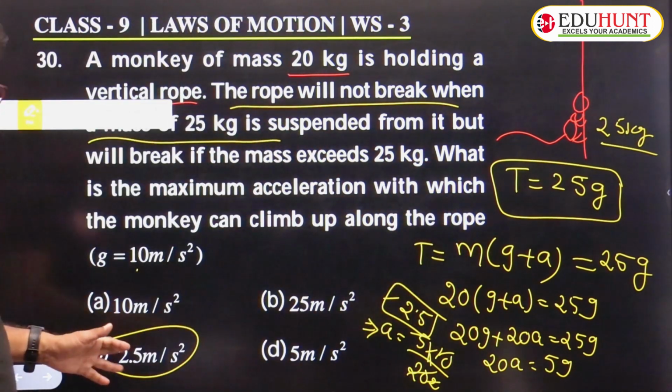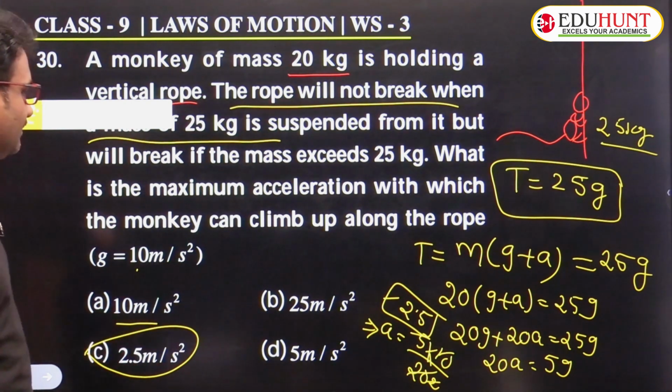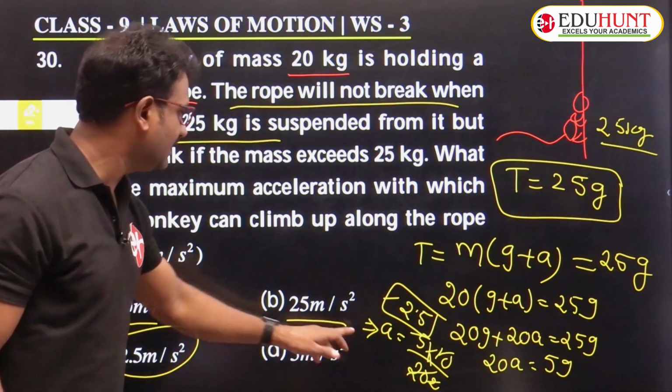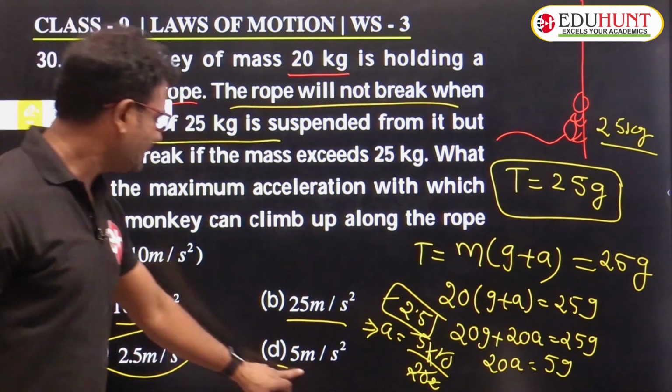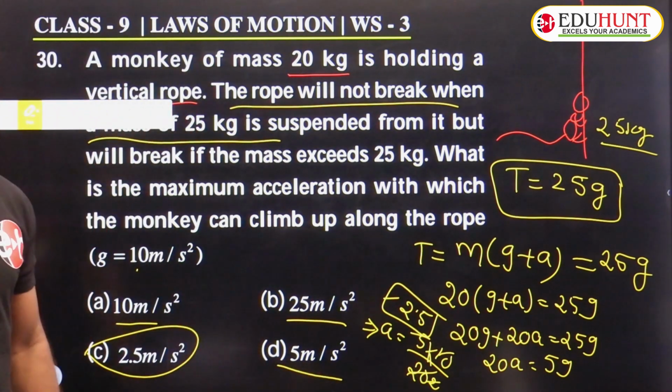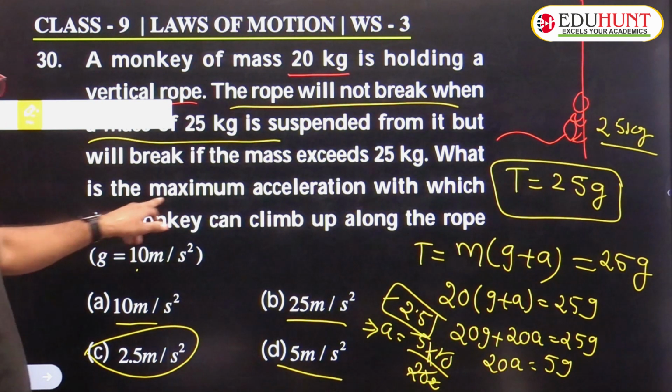Sir, you may ask, if it is 10, will it break? Yes, it will break. If it is 25, yes, it will break. Will it break if it is 5 meters per second squared? Yes, it will break. So what is the question here?